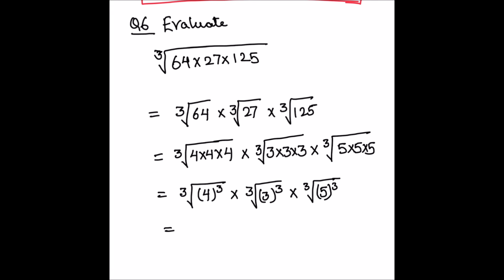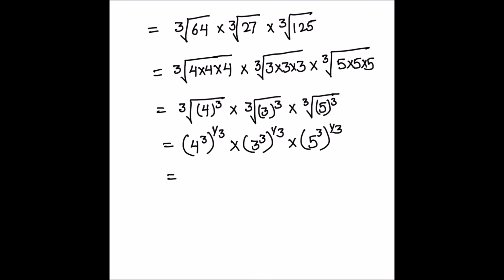Or, to show that, we can write it in exponent form as 4 cube whole raised to power 1 by 3. This is how we write cube root in exponent form. Times 3 cube whole raised to power 1 by 3 times 5 cube whole raised to power 1 by 3, or 4 raised to power 3 upon 3 times 3 raised to power 3 upon 3 times 5 raised to power 3 upon 3.